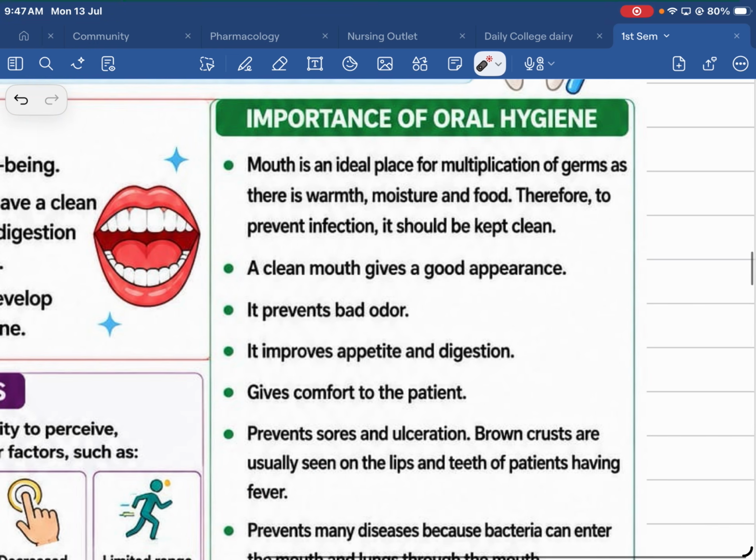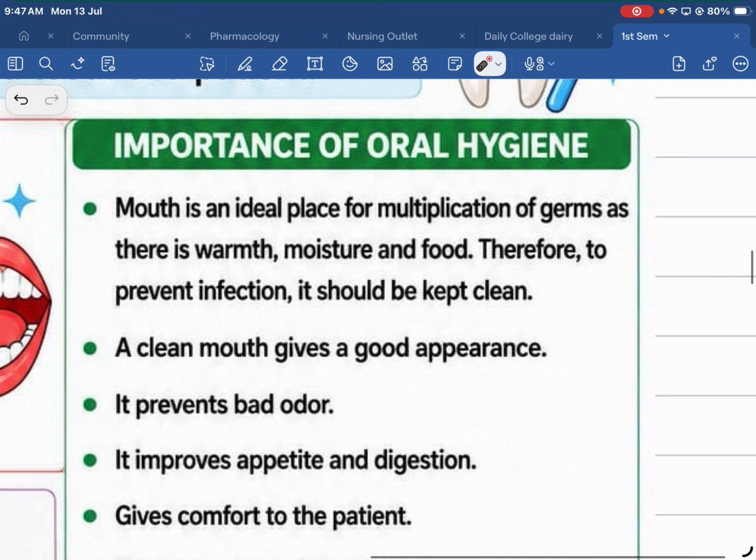So, the importance of oral hygiene: the mouth is an ideal place, a very good medium for bacteria, for the multiplication of germs. It gets a warm place and a cold place, a nice area to grow bacteria.